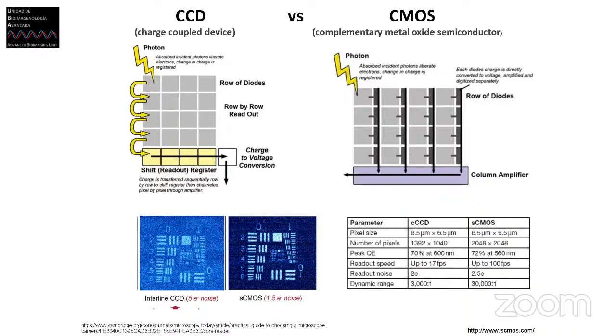With the CMOS, the thing is that we have a column of amplifiers and we read line after line, which makes it way faster. And the drawback is that now the noise pixel by pixel can change, and we have a more noisy image that needs some other handling with the data. But this is a fair comparison between the two.